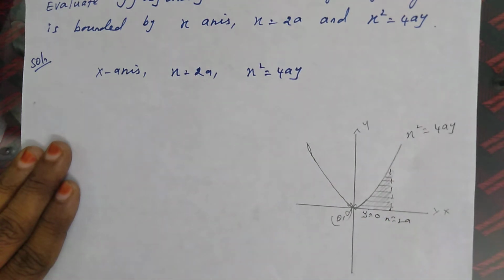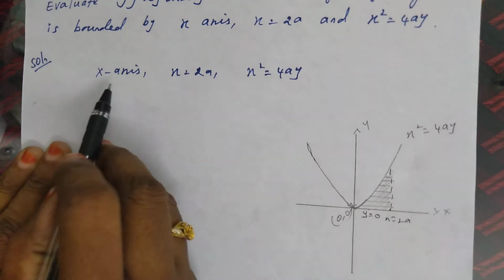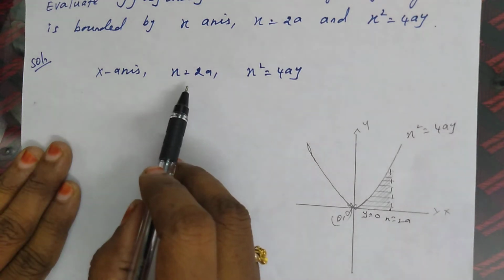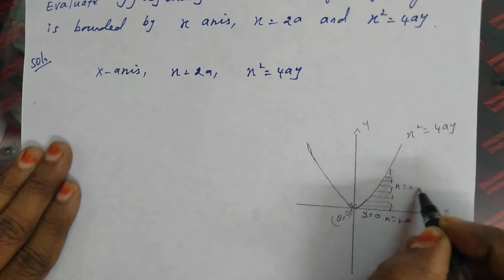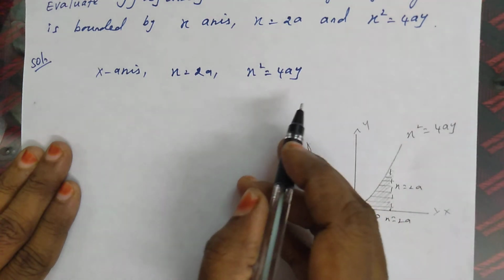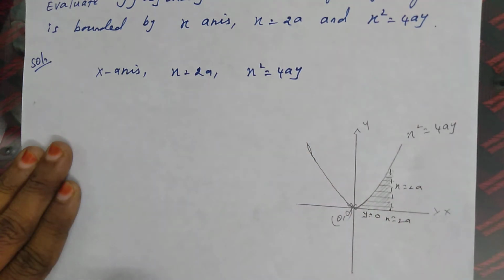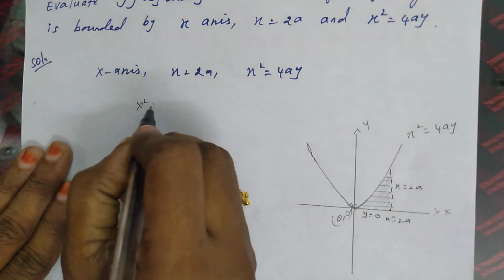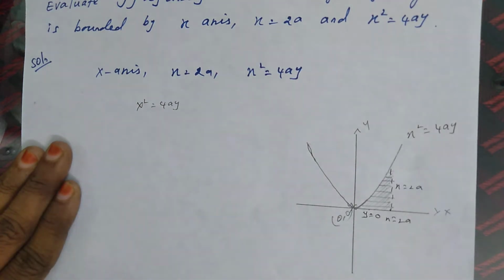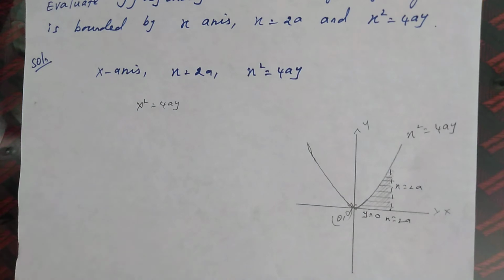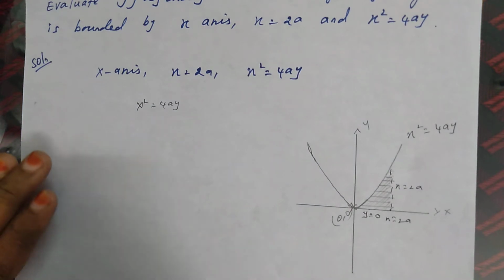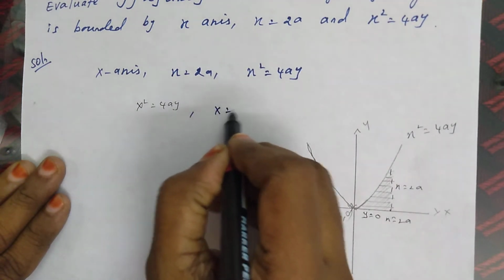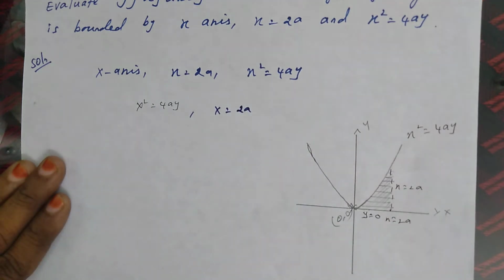So now we can write this. The x-axis means y equal to 0, and x equal to 2a is a line, and x square equal to 4ay. It's given in the question.